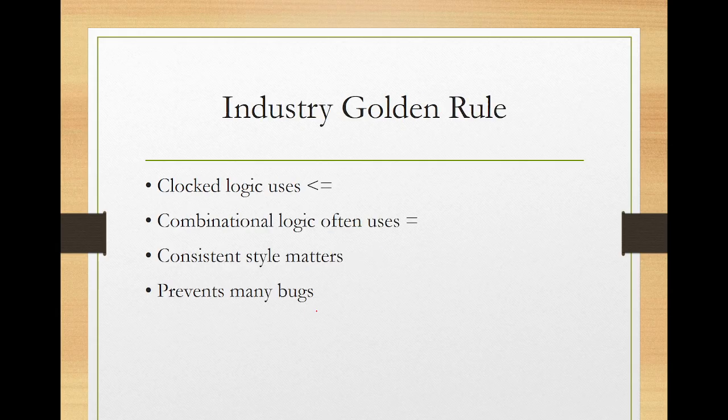Here is a rule, memorize it, write it down, put it on your wall. Clocked sequential logic, use non-blocking assignment. Combinational logic often uses equal to, that is blocking assignment. If you remember just this rule, you will avoid a huge number of beginners' mistakes.